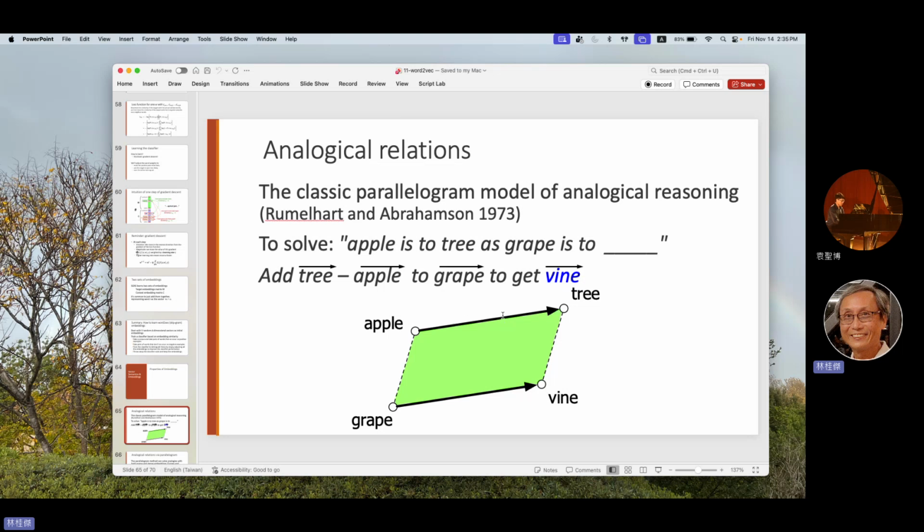If you apply this vector to the grape, then you will find that grape actually will point you to vine. Which means that in your embedding space, the relationship between apple to tree and grape to vine are conceptually similar. That is the result of a kind of classical embedding.